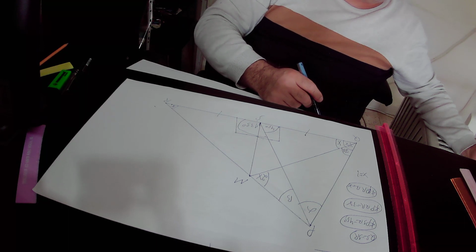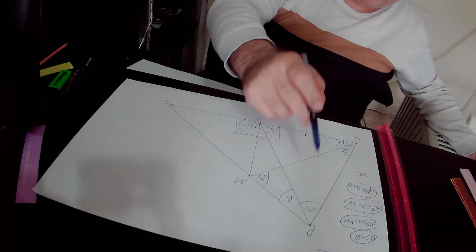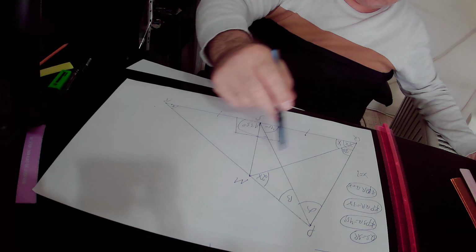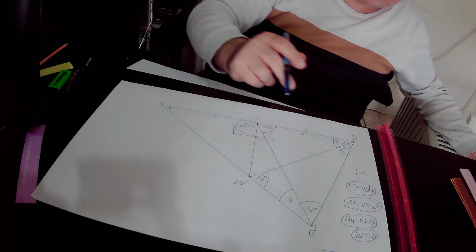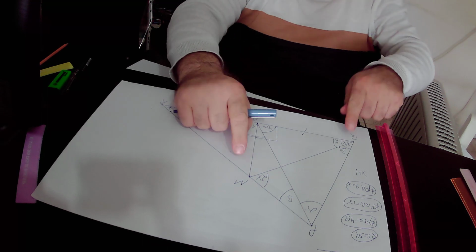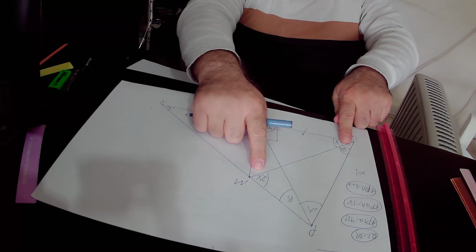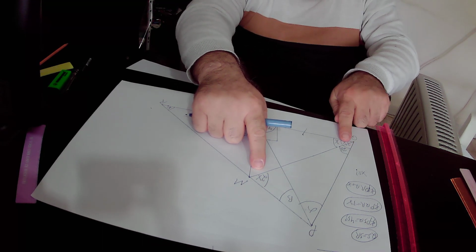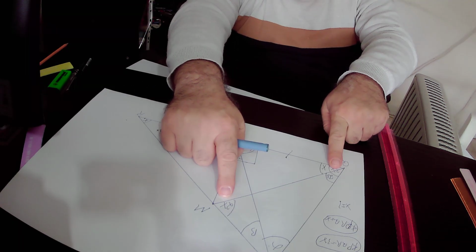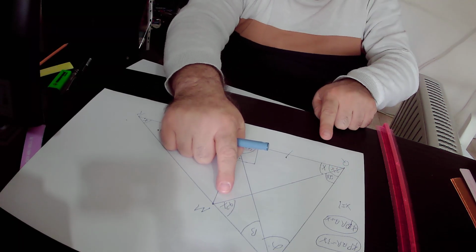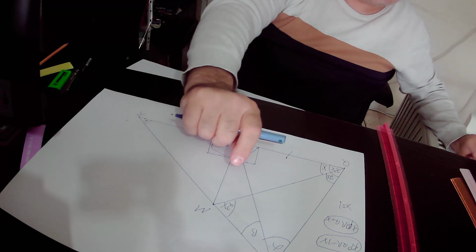So actually, triangle PMQ is an isosceles triangle because it has two angles that are equal to each other. Those two angles are both equal to 2x. Therefore, triangle PQM is an isosceles triangle.